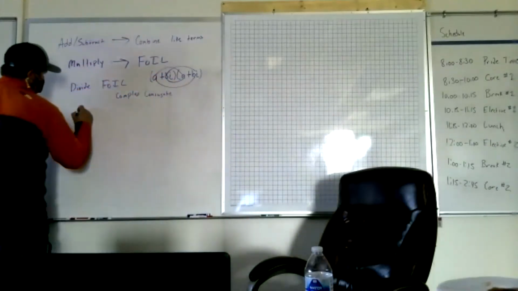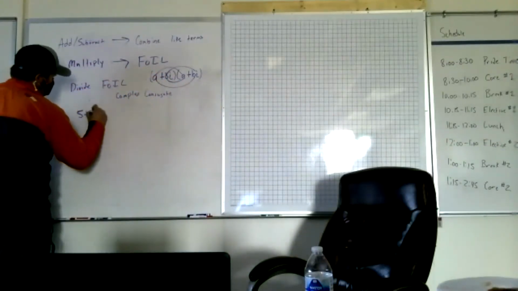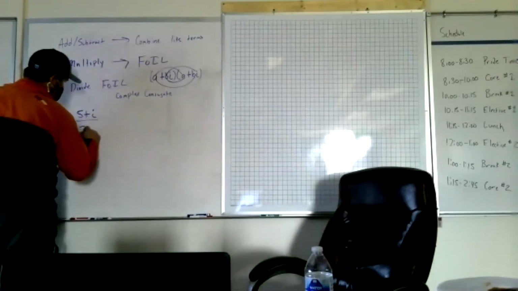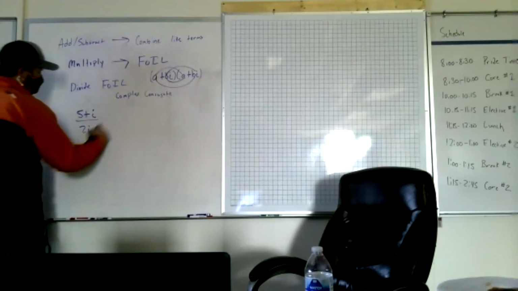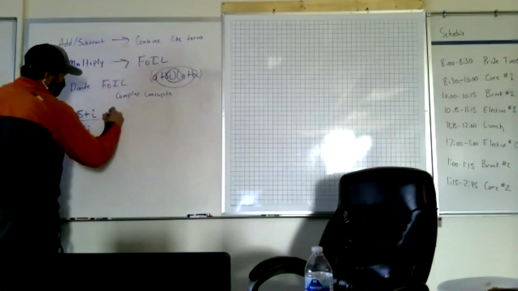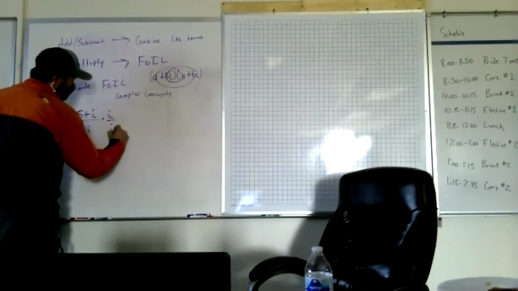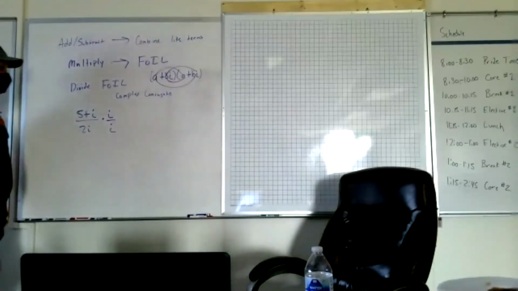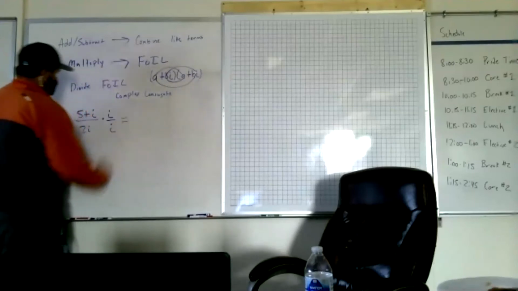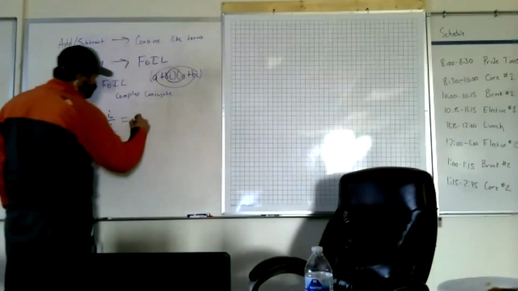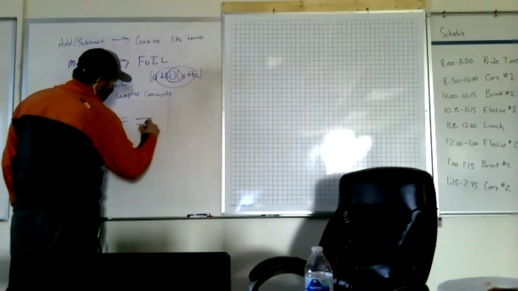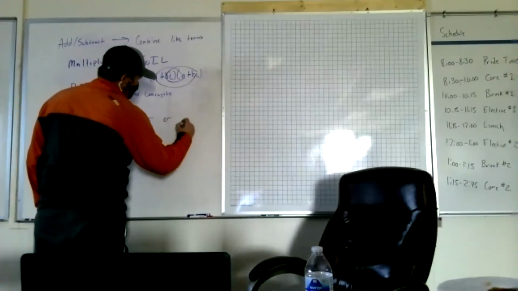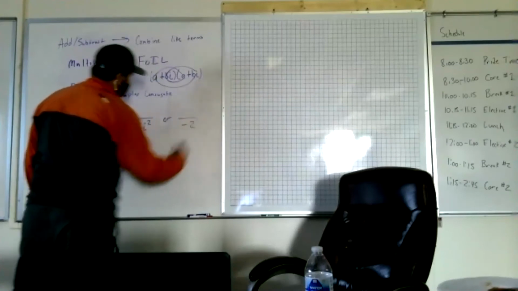So we have 5 plus i over 2i, and we're going to multiply that by i over i. All of that is to get rid of the imaginary unit in the denominator. So the denominator is going to turn into 2i squared, or negative 2.